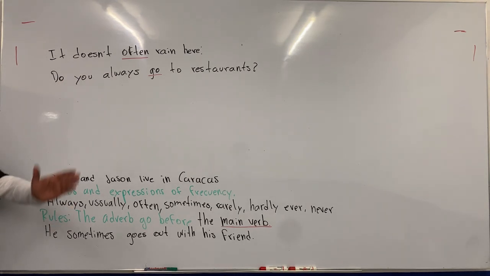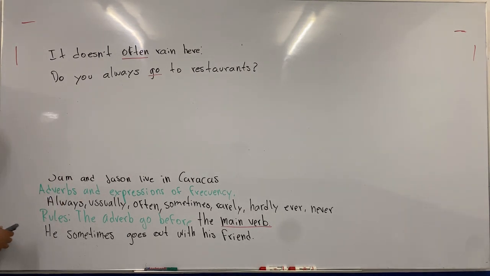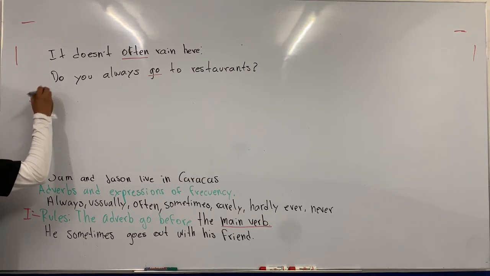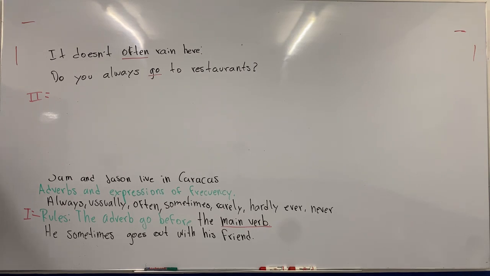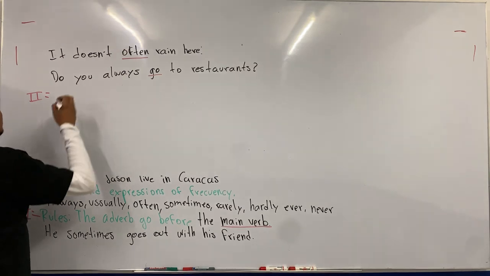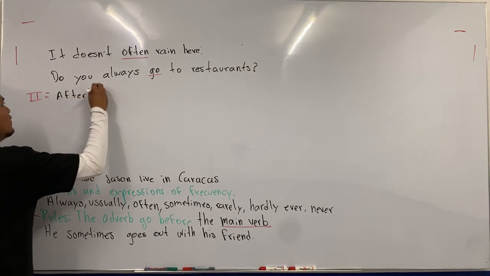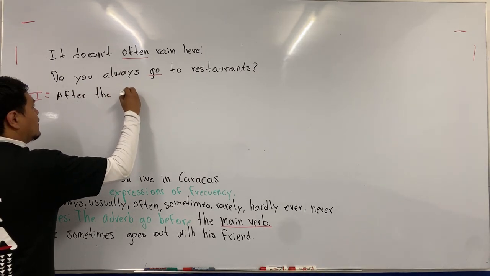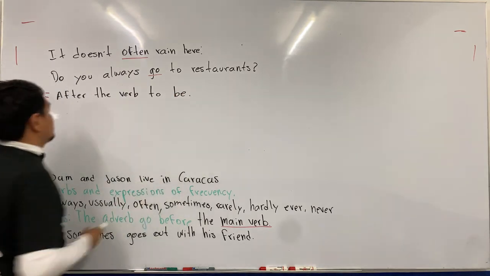Another example. Now, another rule. This is the first rule. Now, the second rule for this, check. After the verb to be, repeat. The adverb of frequency goes after the verb to be, right?